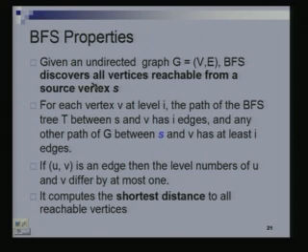So let us look at a couple of properties of BFS. What BFS is doing is it starts from a certain vertex, a source vertex S, and it is visiting all the vertices which can be reached from S. What do I mean by that? All such vertices to which there is a path from S will get visited, which means that all those vertices in the connected component containing S will get visited.